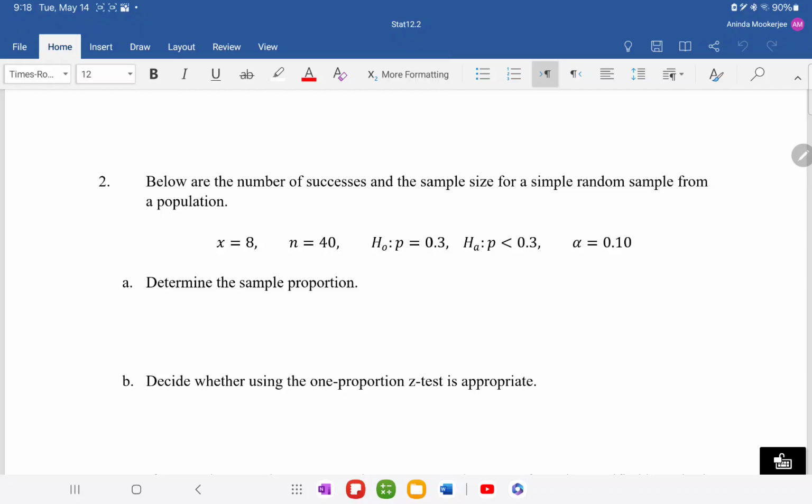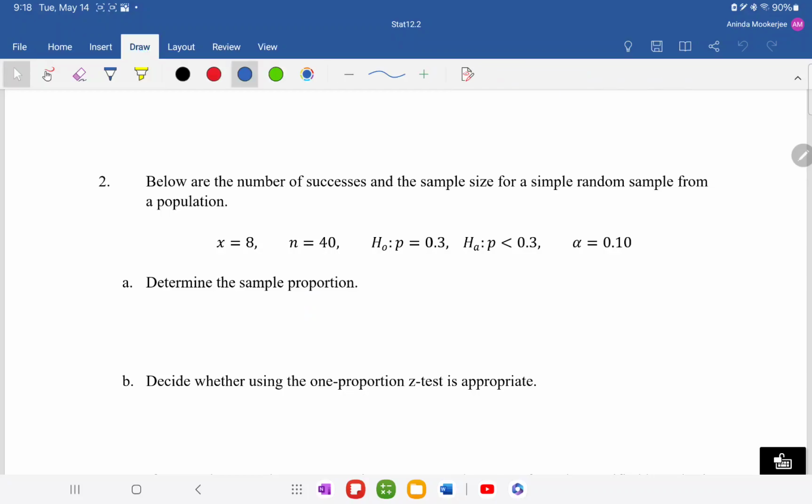All right, so the first question is determine the sample proportion. Before you go into actually performing a hypothesis test, you have to calculate the sample proportion. The sample proportion uses the formula p hat equals x divided by n. We have x given to us, which is 8, and n given to us as 40.